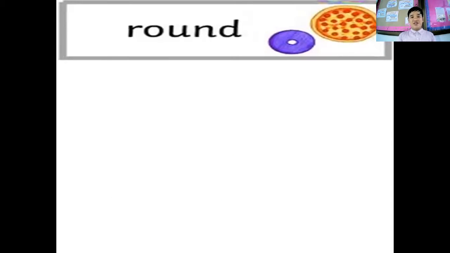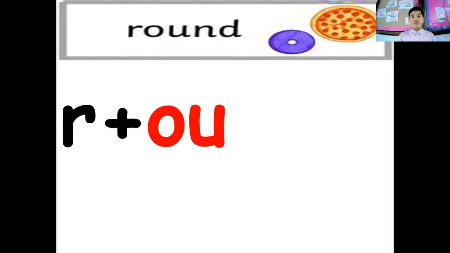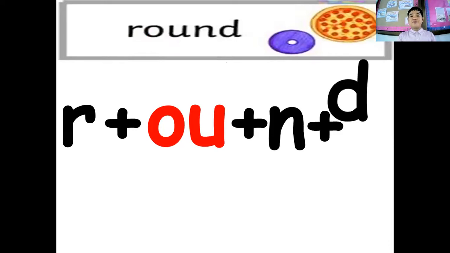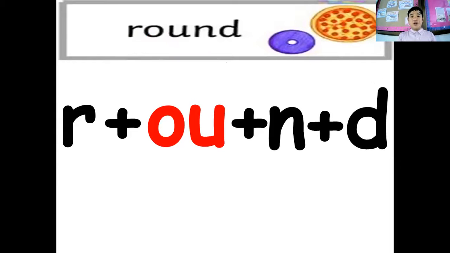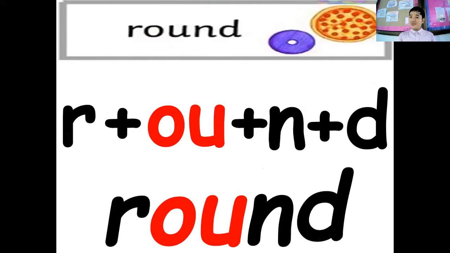Very good. Now let's have our last activity. How about this word: r plus ow, plus n, plus d. So we are going to read the word, that is round. That's right. Good job. Another one.